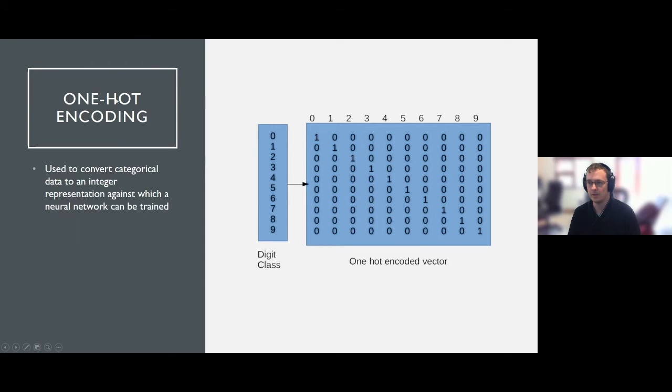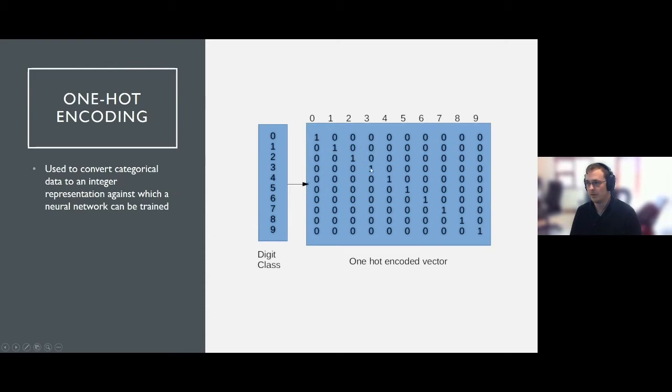And then I just wanted to discuss one-hot encoding, which basically, our classes that we're trying to classify at the moment are digits from 0 to 9, but this is quite a difficult relationship for the network to learn. So we do something called one-hot encoding, where we have a vector of 9 elements, and we put a 1 in place of the index of our class.